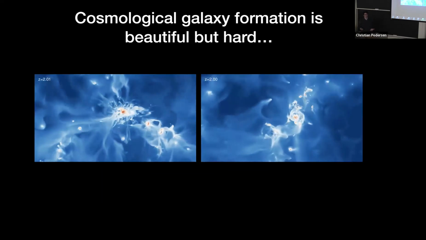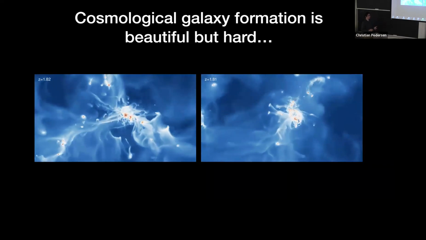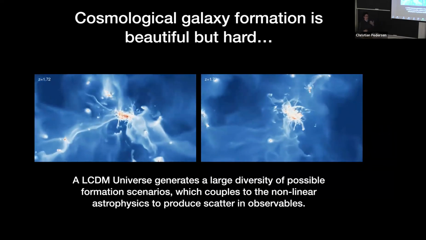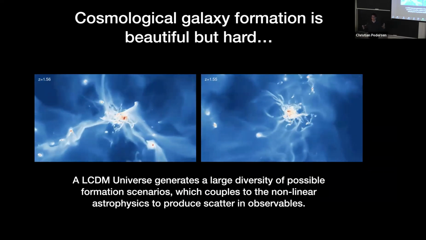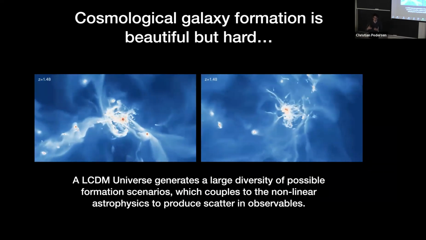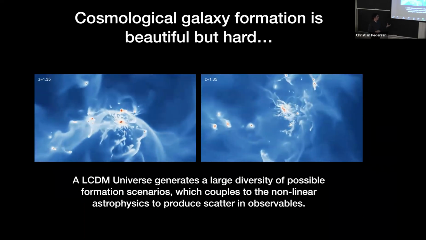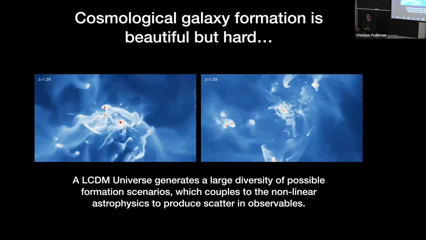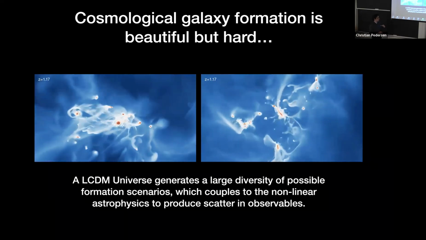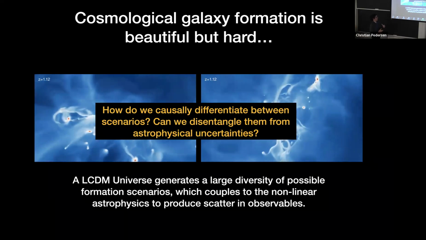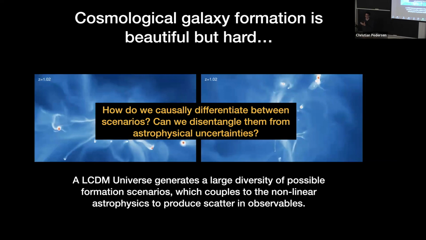And that's because, as I've said, galaxy formation is a highly nonlinear and complex process, but on top of that, in a lambda CDM universe, there's a large diversity of possible ways each galaxy can assemble itself. And each of these formation scenarios couples to the nonlinear astrophysics to produce the scatter that we observe in the galaxy properties. And so we are still really far from answering the question of how we causally interpret galaxy formation observations.